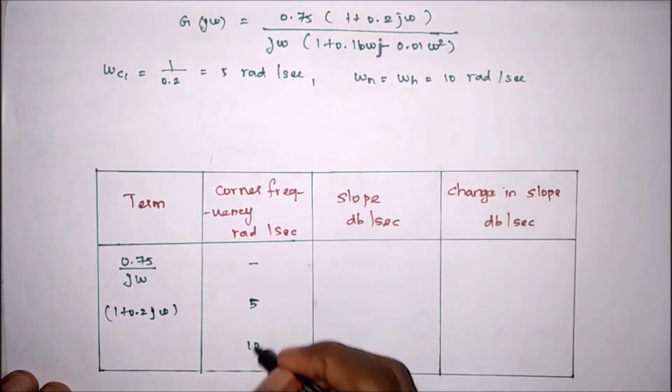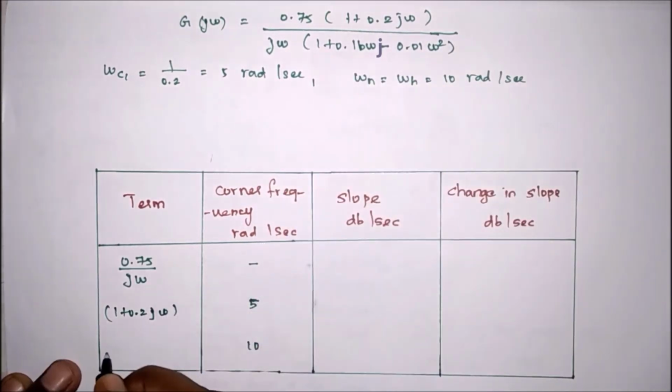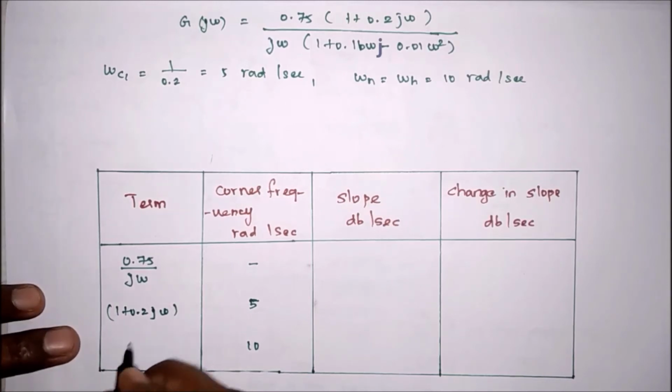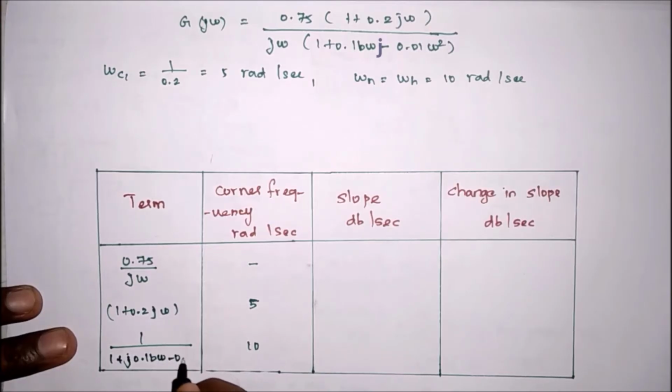Then the corner frequency is 10, and the corresponding term is the quadratic form: 1 divided by (1 + j0.16ω minus 0.01ω^2).